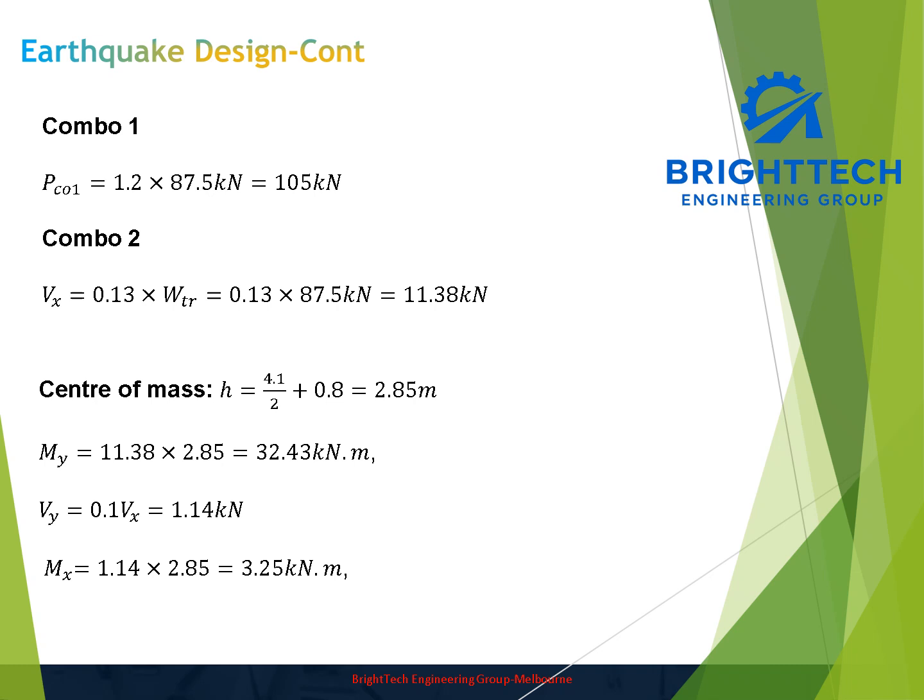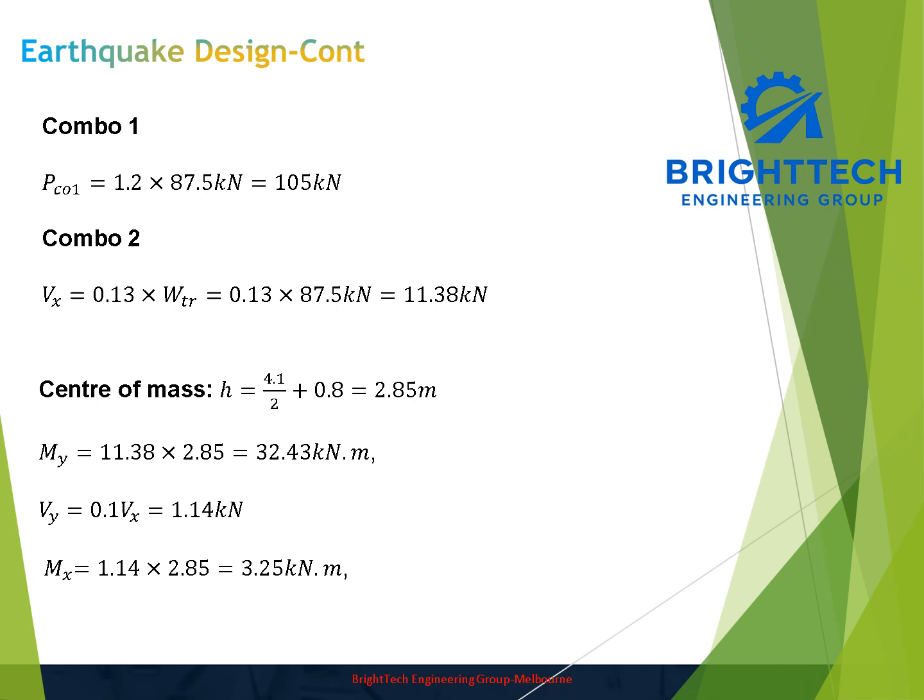So this is 2.85 meter. This is the center of the mass. And the moment in the y direction, with the base shear 11.38 here, multiplied by the center of the mass is 32.43 kilonewton meter.